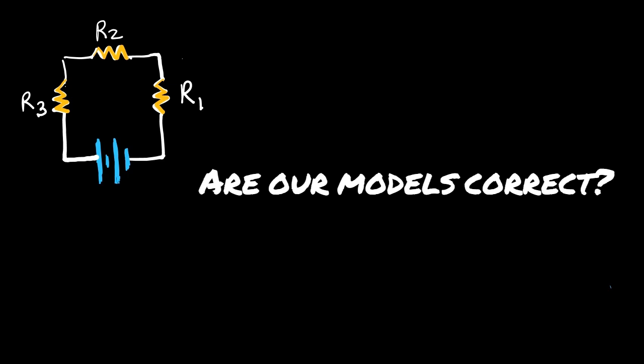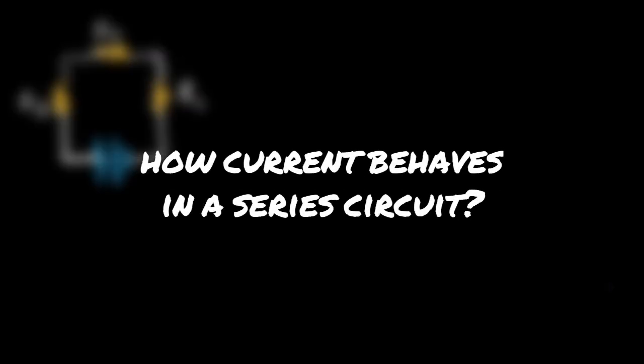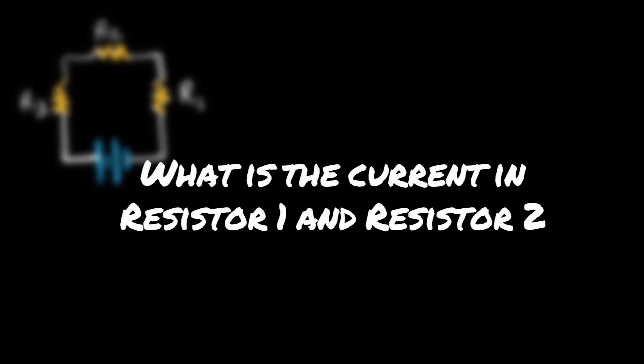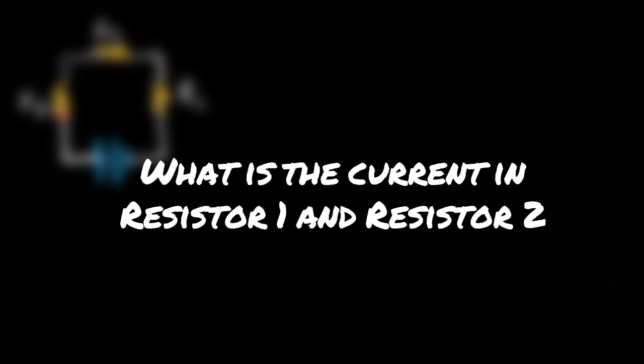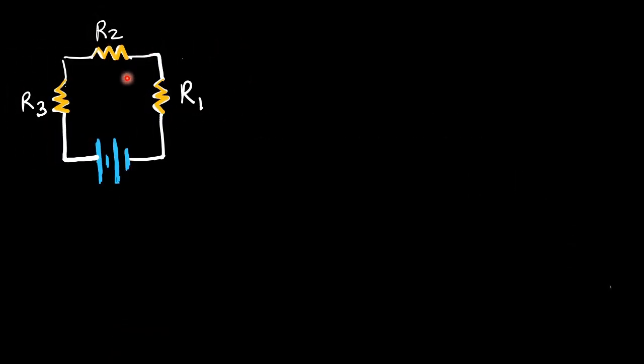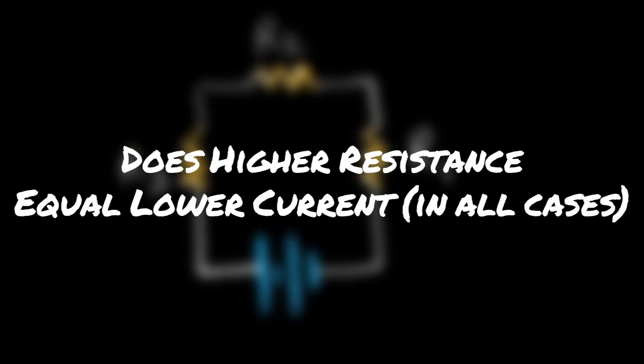So today let's explore why these ideas do not fully explain how current behaves in a series circuit, and let us also figure out the model that does explain the behavior of current in the series circuit so that we can find out the answer to our original question, which is what is the current that flows in R3 and what is the current that flows in R1. Let's just first discuss our initial thought that higher resistances should lead to lower current.